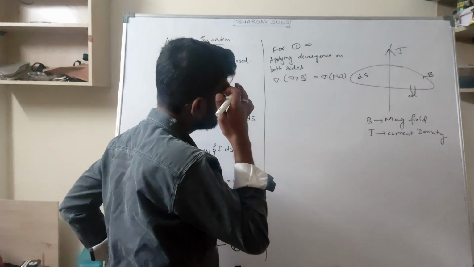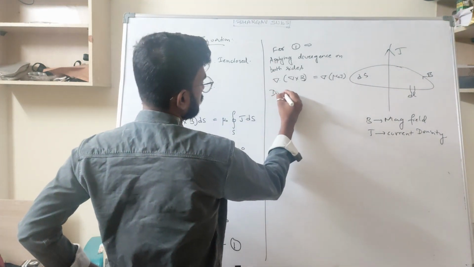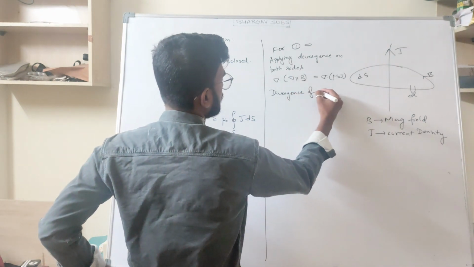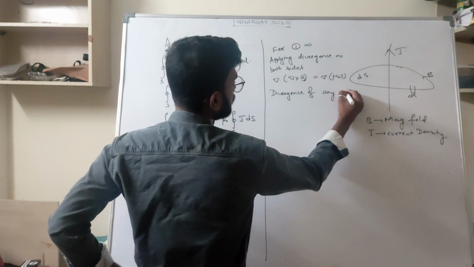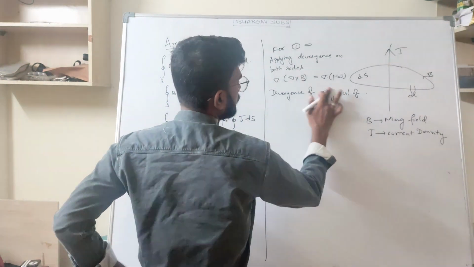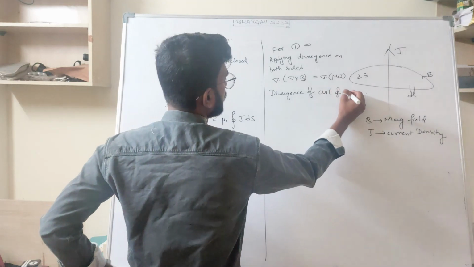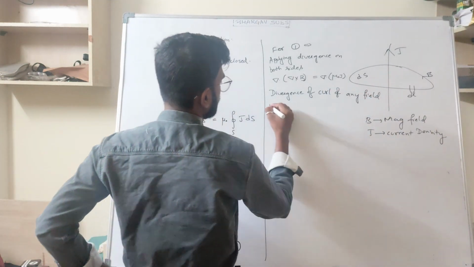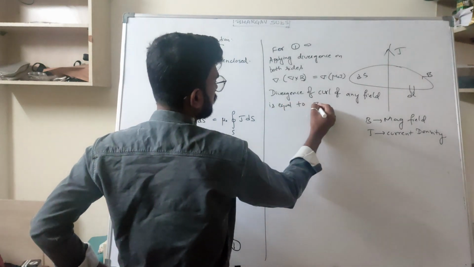Whether you take the magnetic field or the electric field, whatever it may be, the divergence of the curl of any field is equal to 0.